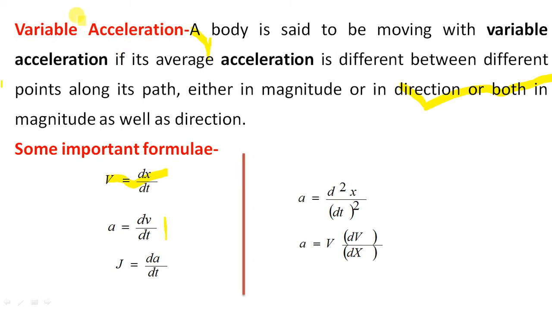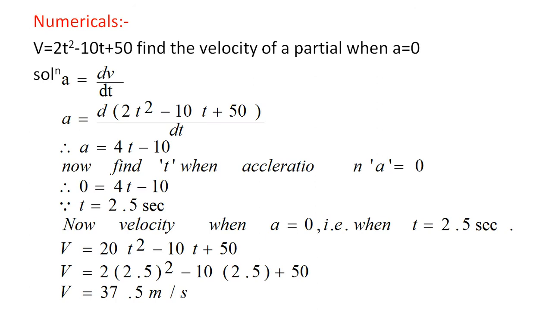The problems of variable accelerations are quite simple. The average acceleration, which changes from point to point during the motion of a body, is called a variable acceleration. So, first numerical: A is equal to 2t square minus 10t plus 50.